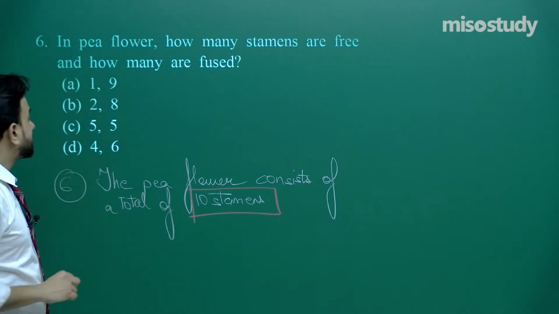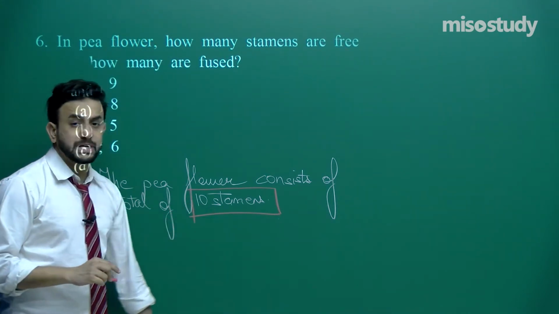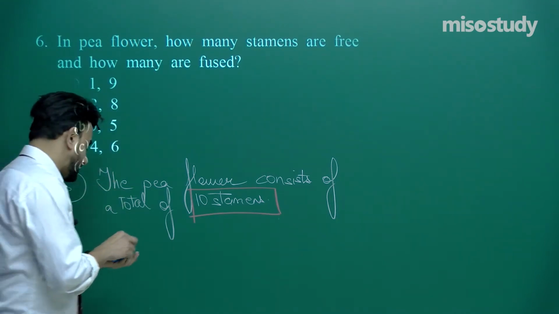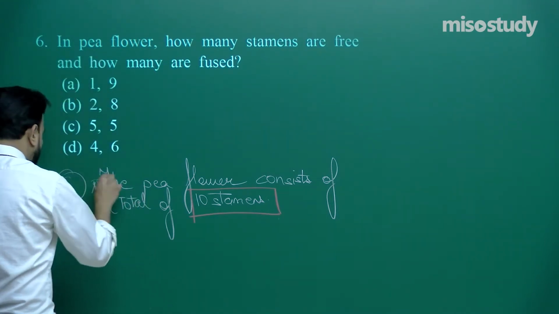This is a known fact, and in these 10 stamens, the arrangement we see is 9 plus 1. So the first option will be right.